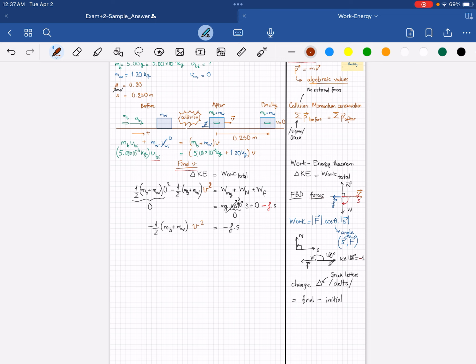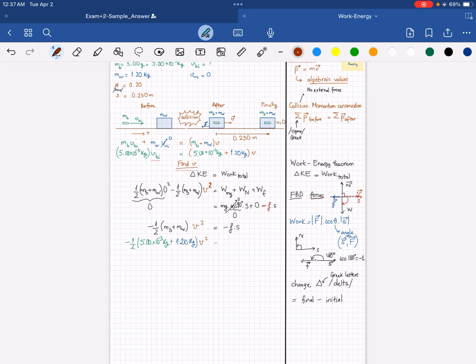If we want to add some numerical values here, this one should be 1/2 of 500 times 10 to the minus 3 kilograms plus 1.20 kilograms, which is what we had before, times V squared, which we still don't know.